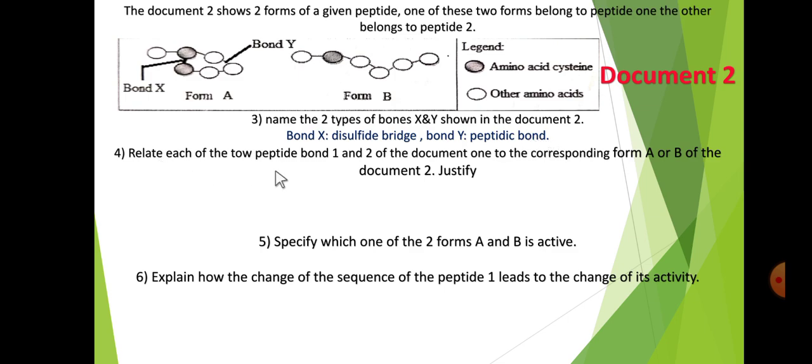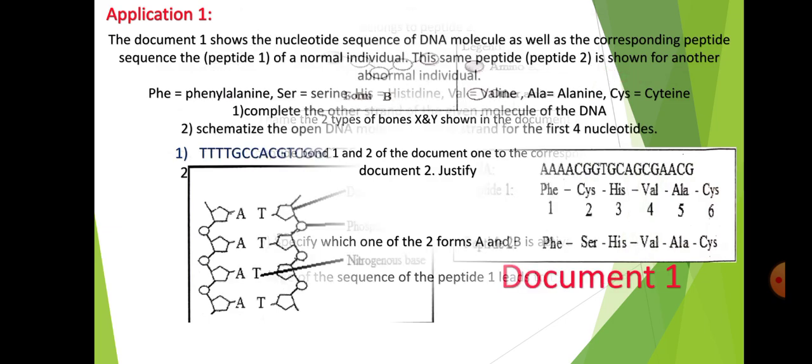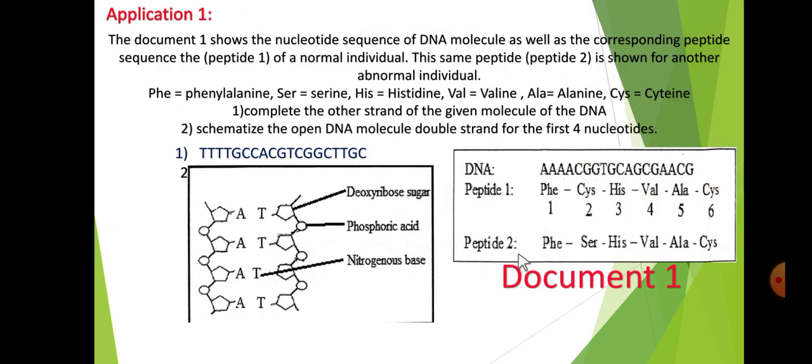Relate each of the two peptides 1 and 2 of document 1 to the corresponding form A or B in document 2. You want me to say whether form A belongs to peptide 1 or peptide 2, and whether form B belongs to peptide 1 or peptide 2.